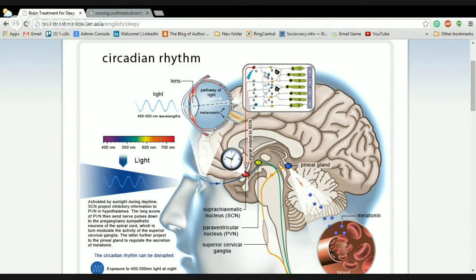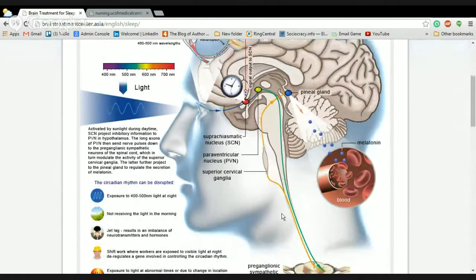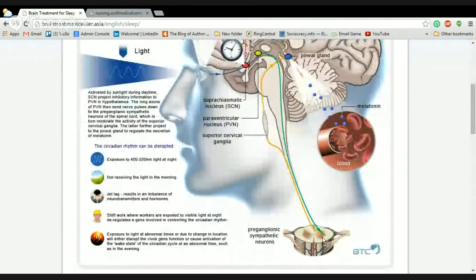So it goes in here and then tells these guys something, which I guess is what's happening right here. So we have that being projected to there. So the long axons of the PVN then send nerve impulses down. Okay, so I guess that's what this green line here is. Yep, going all the way down here.